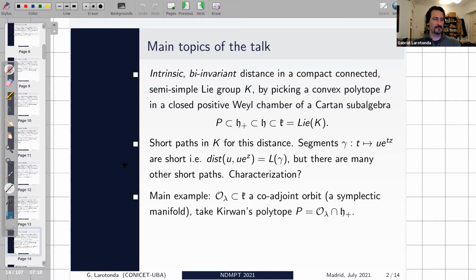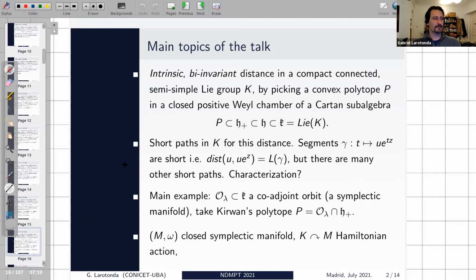And this is just a particular example of the general case, which is obtained by considering any closed symplectic manifold and an action by a compact semi-simple Lie group K on M, which is Hamiltonian, which will be discussed a bit later. Then you have a momentum map, and the polytope will be the intersection of the image of the momentum map with the closed Weyl chamber of the Lie algebra.